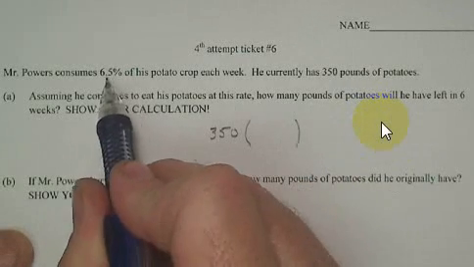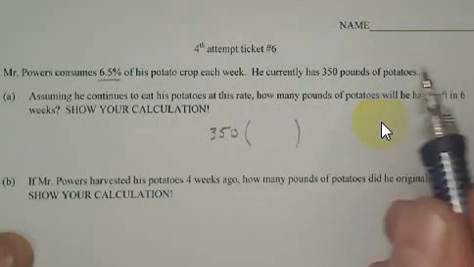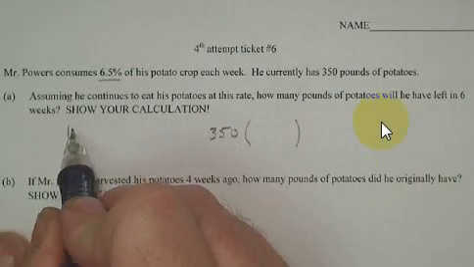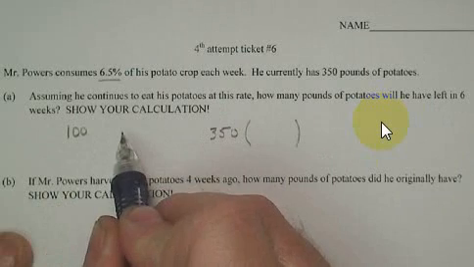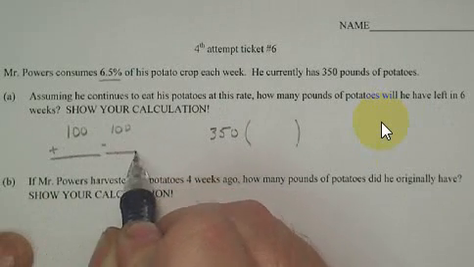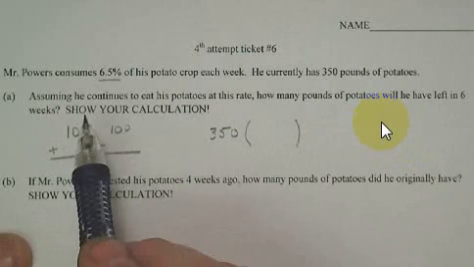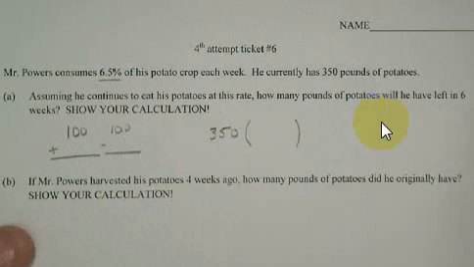Now, when we're dealing with percent problems, remember this as a kind of a shortcut. We either have to add it to 100% or subtract it from 100%, depending on whether we're talking about increasing or decreasing something. In this case, we are talking about eating, and he's eating 6.5% of his potatoes.